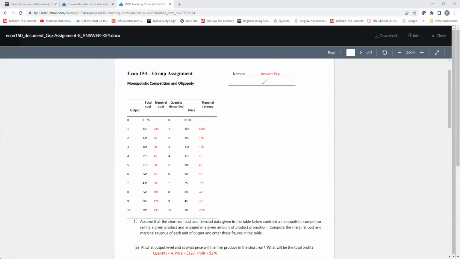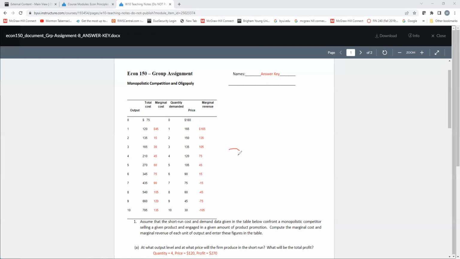Now we also need to get our marginal revenue. And so we recognize that total revenue is always going to be price times quantity. And to get to marginal revenue, we're going to take the last total revenue minus the previous total revenue, and that gives us our marginal revenue. So at 2 units, the price is 150.